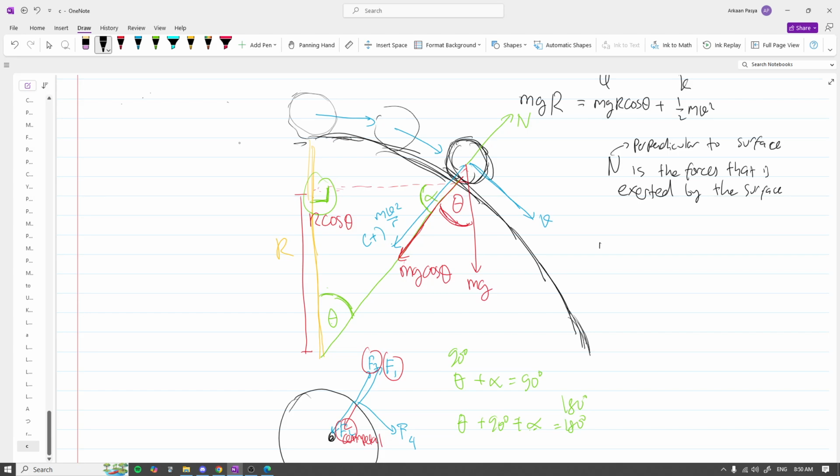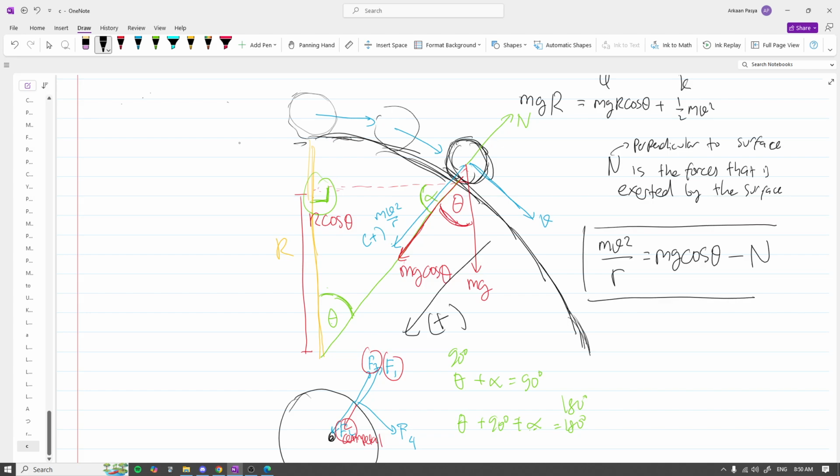From the theory, we can describe that the sum of the radial forces, when we take this position as the positive direction, then mg cosine theta is positive, minus this, that is the normal force. So we can find N by this equation.